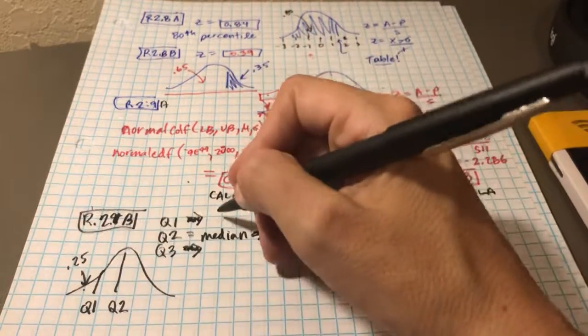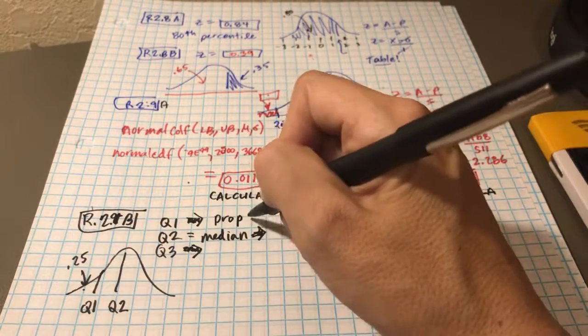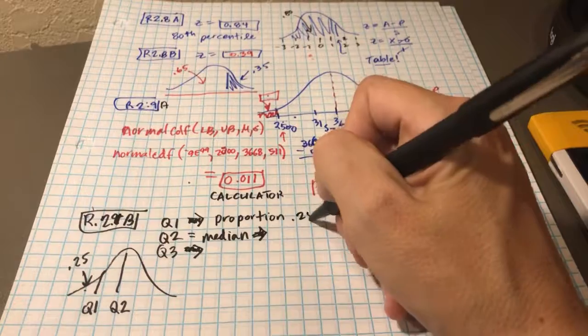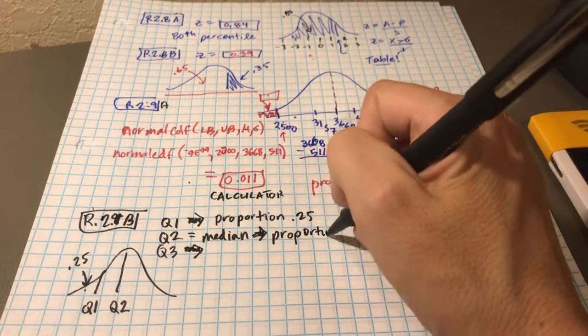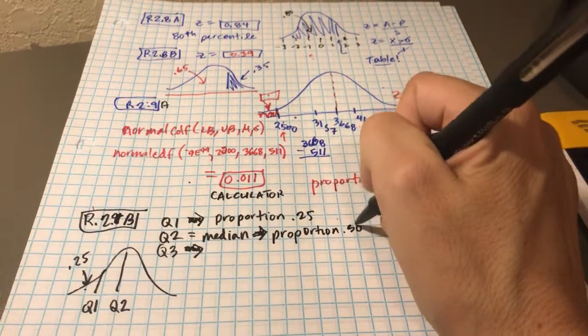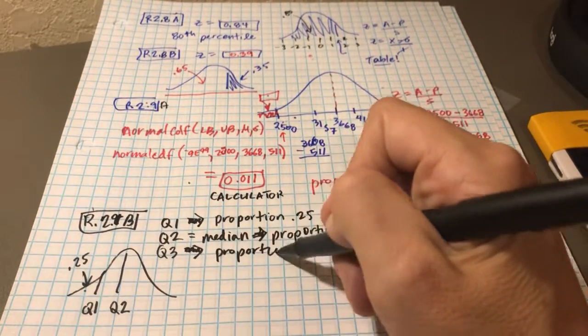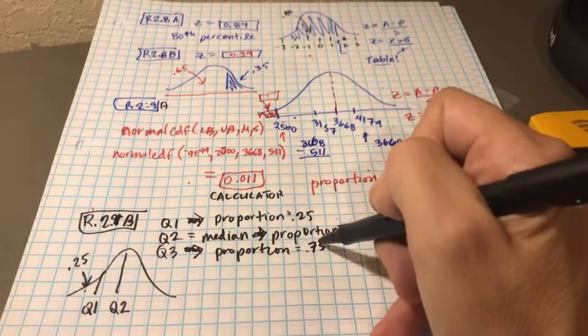Quarter 1, the area under the curve, or the proportion to the left, would be 0.25. The proportion to the left for the median would be 0.50. And for quarter 3, the proportion would be 0.75.